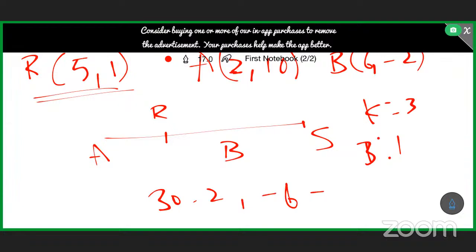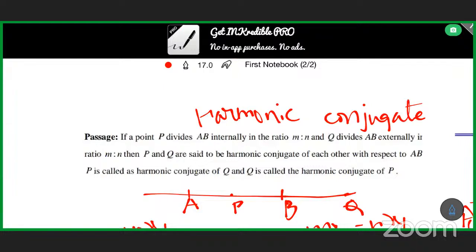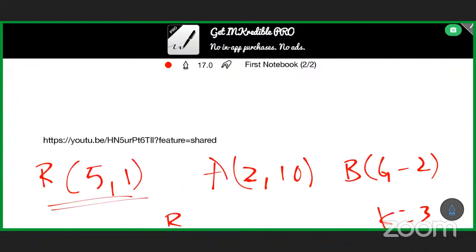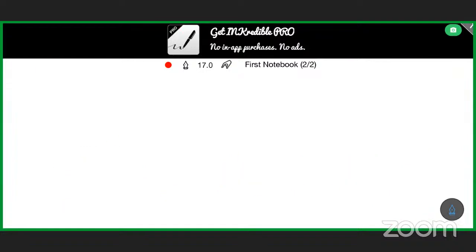That is... so if you want to, let us take line infinity.